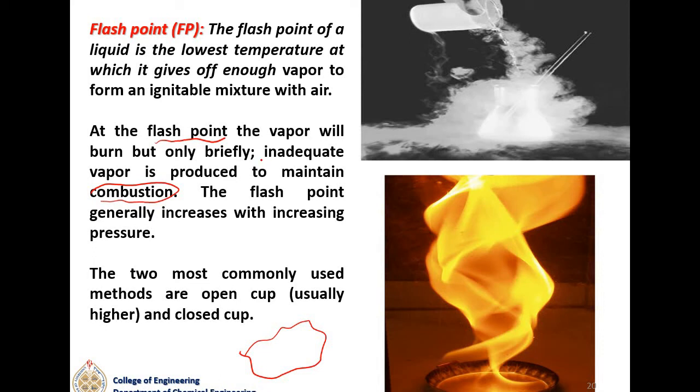Why does the fire not continue? Because inadequate vapor is produced to maintain that combustion. So there is little energy to maintain that reaction of combustion, but it does not propagate.